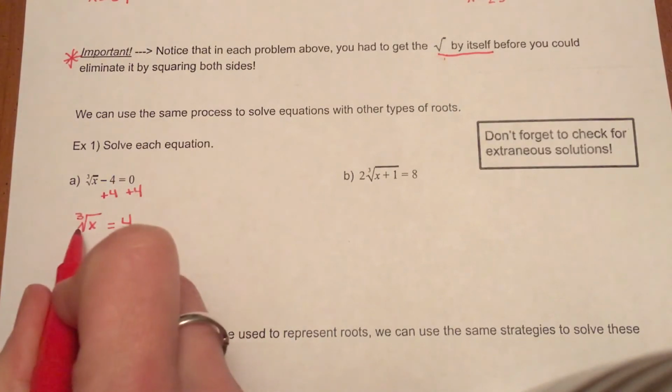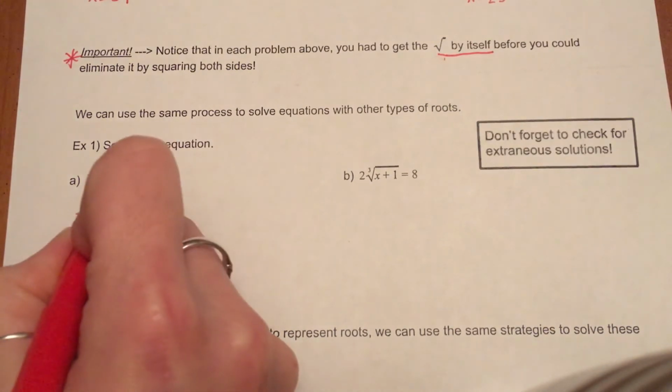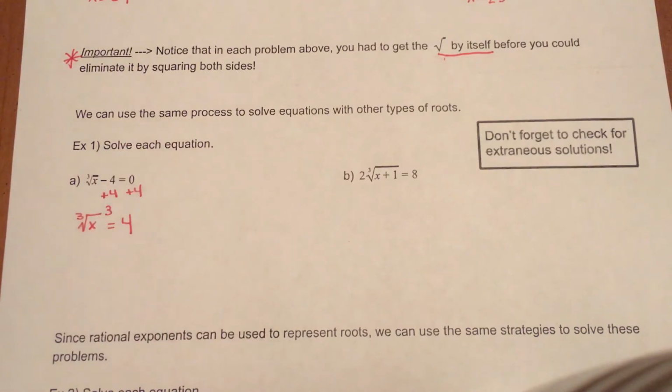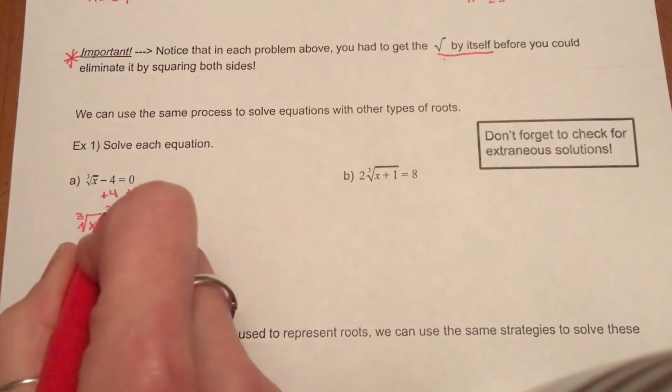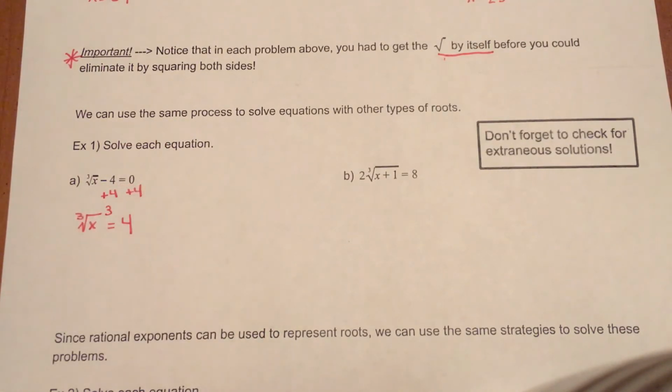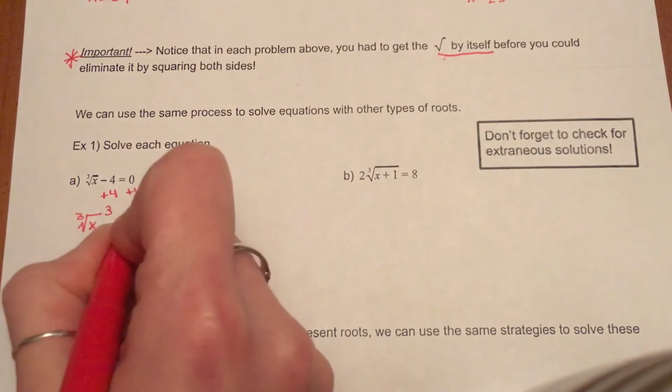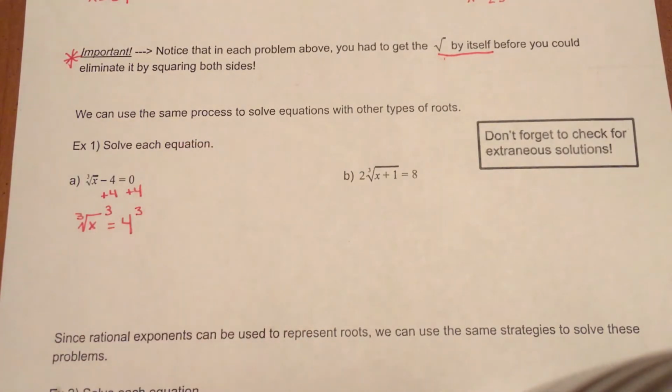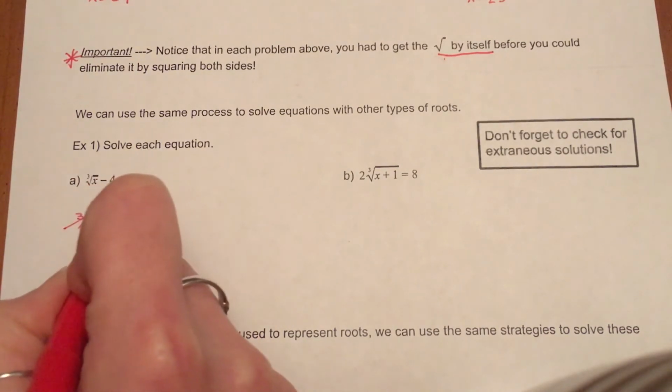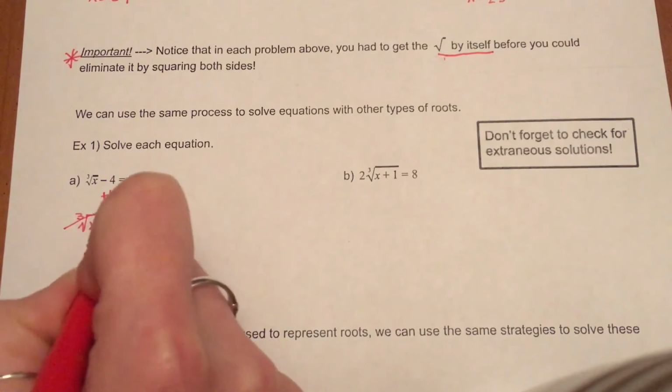And now since I have a cube root, I can undo that with a cube. I want the index and the power to match in order for them to undo each other. And if I cube the left side, I also need to cube the right side. Then the cube and the cube root, since they're inverse operations, will undo each other, and I get x equals 4 cubed, which is 64.